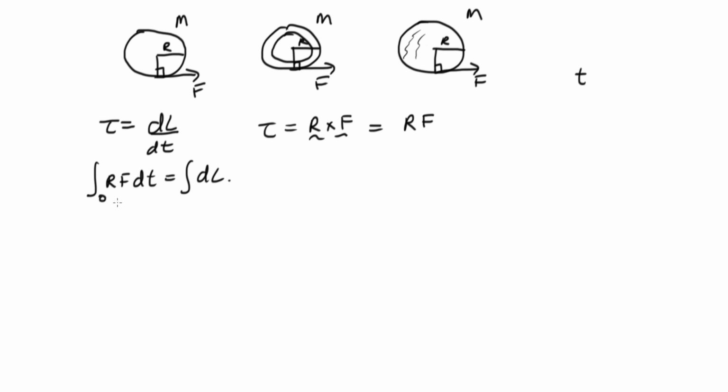They're all starting from rest. The force acts for t seconds, so L is initially 0 and it's going up to some final L. Integrating this, we've got RFt on this side and L on the other side, with the zeros giving minus zero on each side. So the angular momentum L is equal to RFt. Now R, F, and t all have exactly the same value for each of our shapes, so this tells us that the angular momentum is the same for all of them.